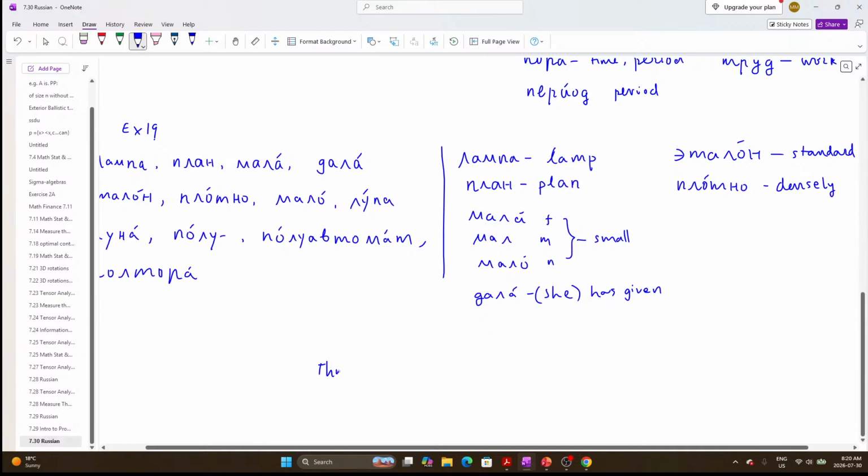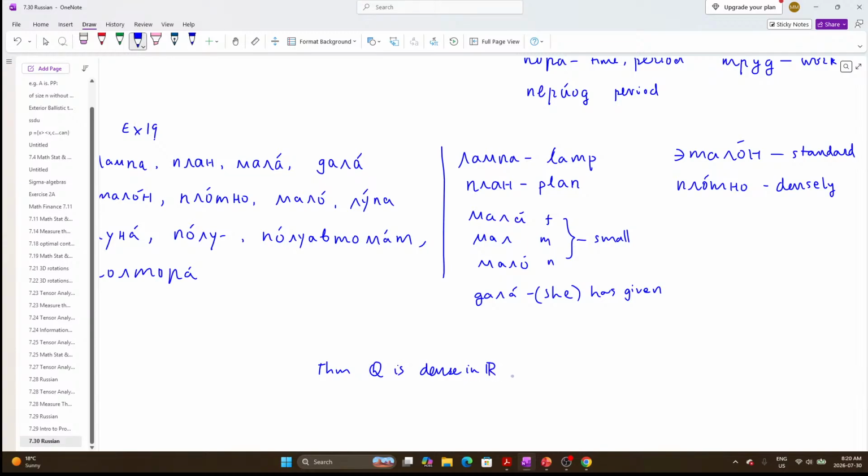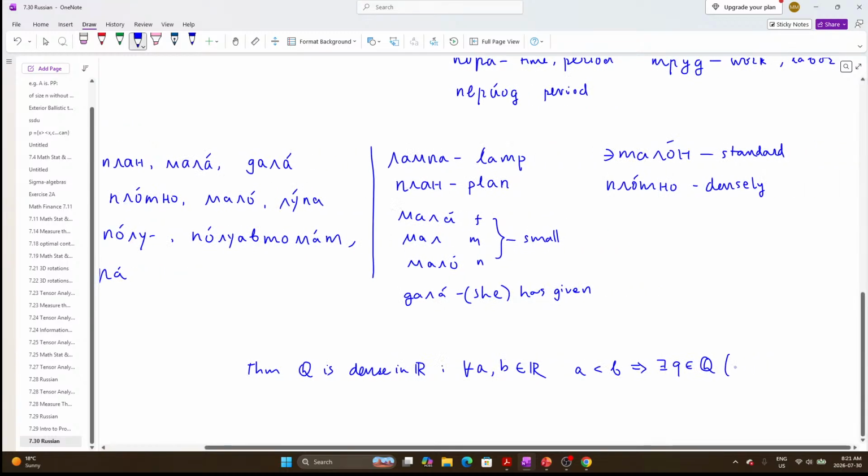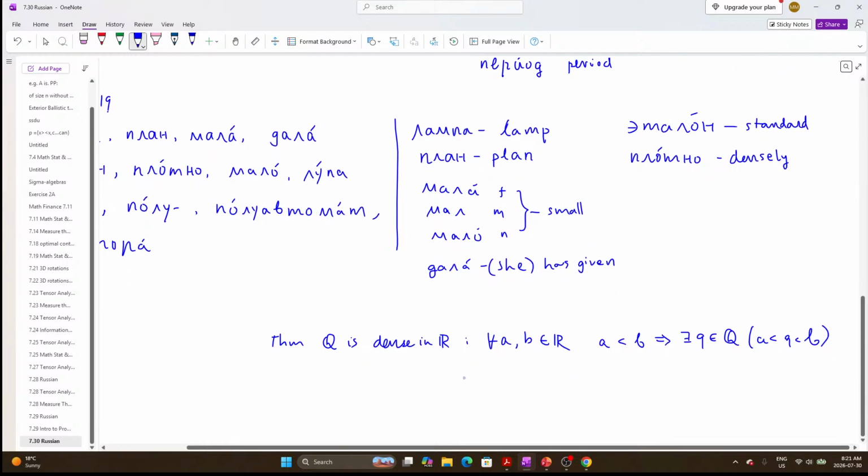The well-known theorem: Q is dense in R. By that we mean for all A, B in R, if A is less than B, then there exists a Q in the rationals such that A is less than Q, less than B. Draw a picture.